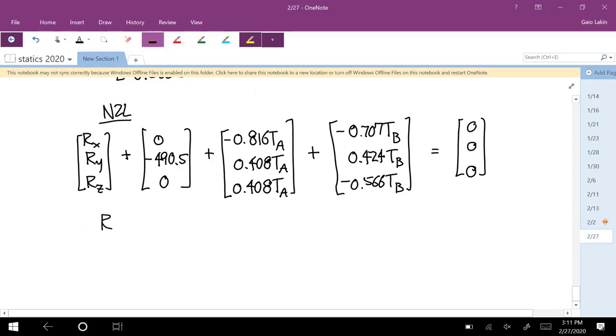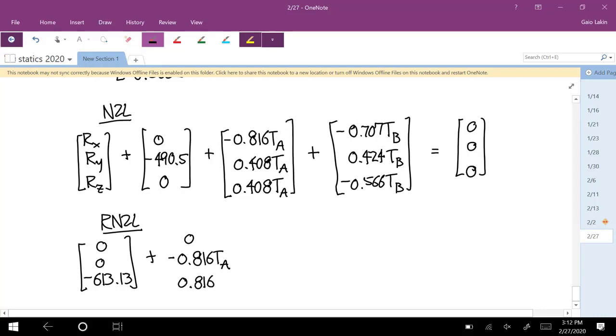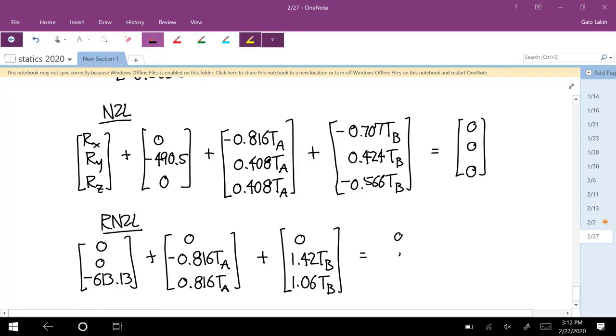And then the moment equation says, I'm going to write out all three components: 0, 0, negative 613.13 plus 0, negative 0.816 TA, positive 0.816 TA, plus 0, 1.42 TB, 1.06 TB, is equal to the 0 vector.